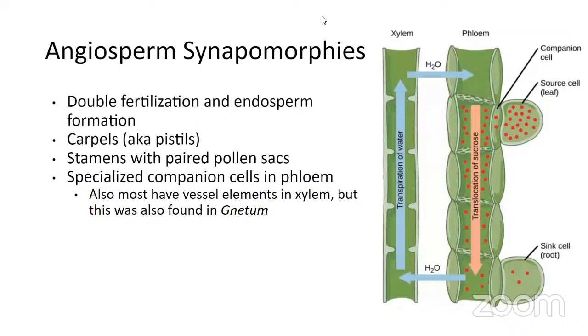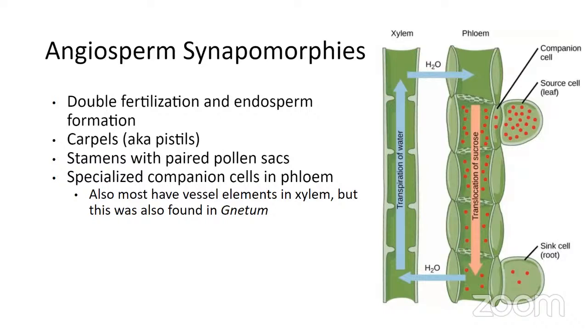So that brings us to angiosperm synapomorphy, so derived characteristics that we can see among the entire clade, among this entire group. So one of those is this double fertilization that we just looked at in their life cycle.